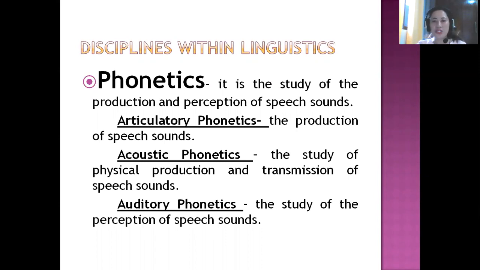First we have the first discipline, phonetics. What is phonetics? It is the study of the production and perception of speech sound. There are three subdisciplines of phonetics. First is articulatory phonetics.